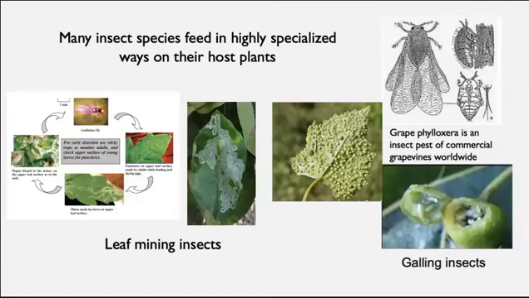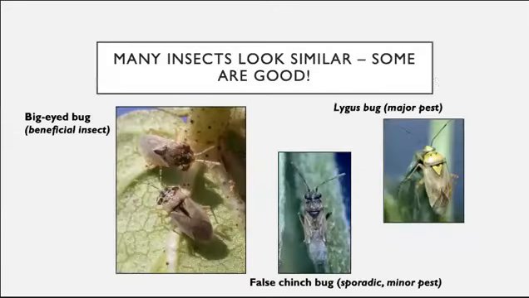And then the gall itself also acts as a little sink, concentrating all the resources in that small area from the surrounding plant parts. It also provides the insect with physical protection so it can reproduce and thrive without getting eaten by predators or attacked by parasitoids. It's a really wild little insect that you may come across in your scouting.